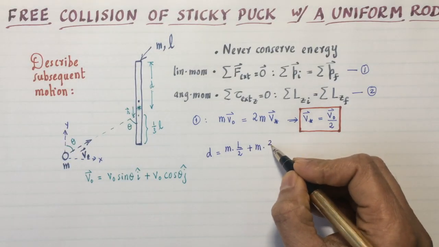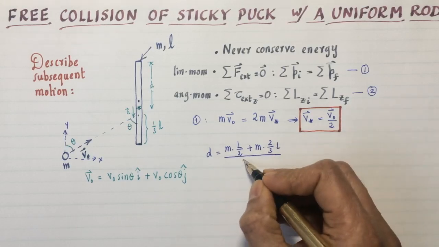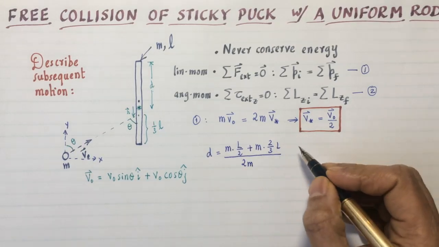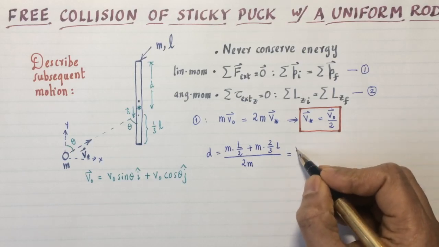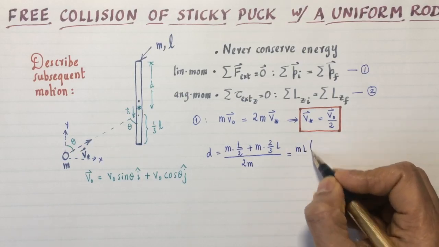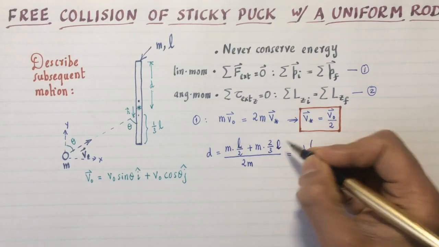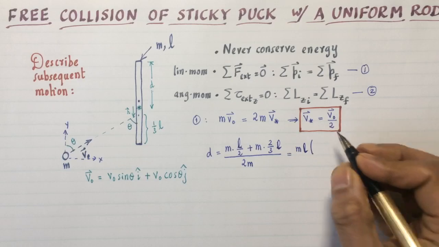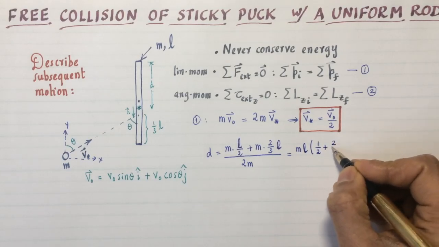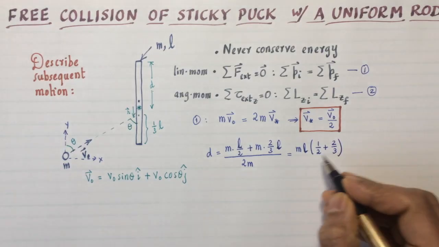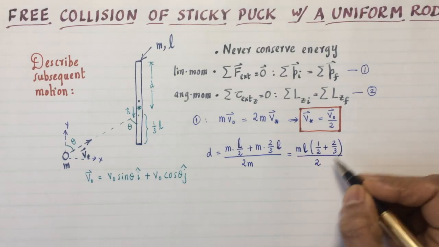So that's going to be 2/3 L divided by the total mass, which is 2m. So this is just some fraction adding. Let's take m times L outside. Then I have to add, these are lowercase l's by the way, 1/2 and 2/3 divided by 2 times m.